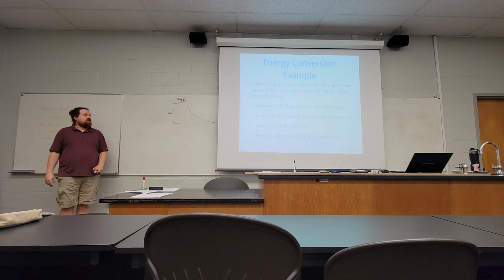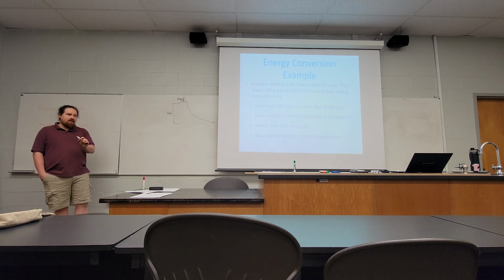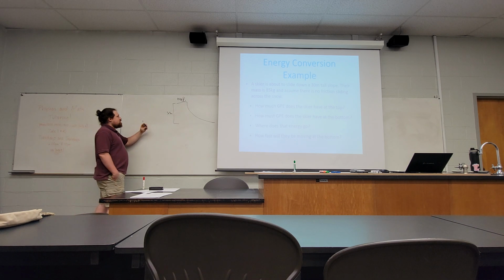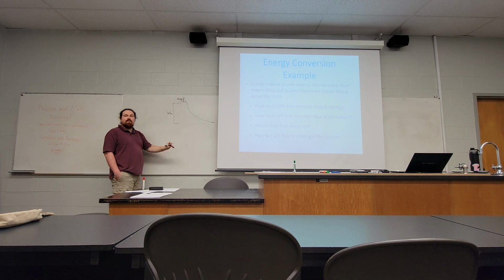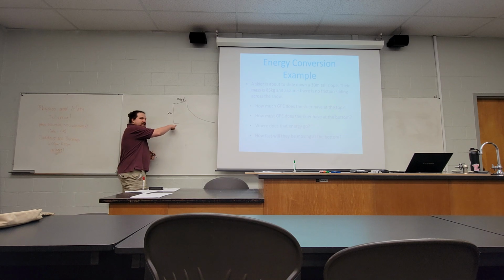So, first question, what form of energy do they possess at that starting height? They have GPE, but it's not going to be straight down. For right now, let's just calculate how much they have up here, because as long as you are elevated above some other point, you have GPE in comparison to that second point.